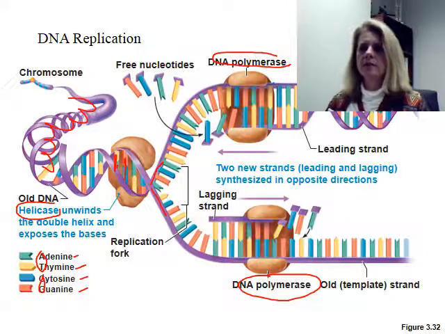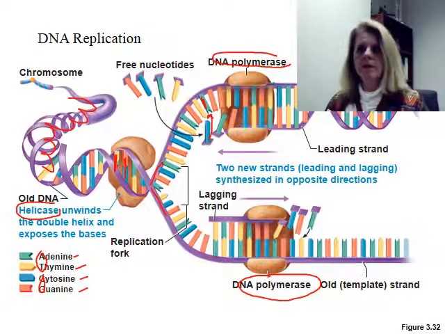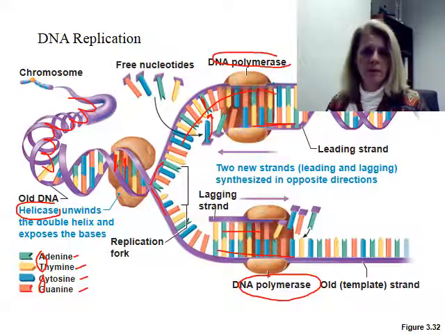So what happens is the DNA polymerase finds the base that it needs to match, and it puts the corresponding matching base there and makes a copy. So now you've copied this strand, this is now your copy, and here's your original strand, and you're making a copy. Okay, so that's DNA replication.